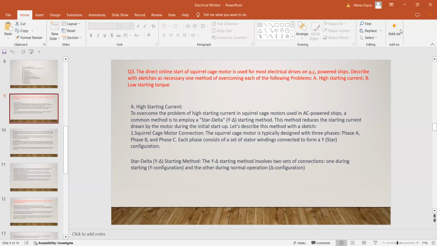This star delta starter, auto transformer, all the types of starters we are going to discuss in a separate lecture. For the time being, we are just seeing how we can overcome all these problems. This method reduces the starting current drawn by the motor during the initial startup, and let us describe this method with a sketch. So sketch, just wait.